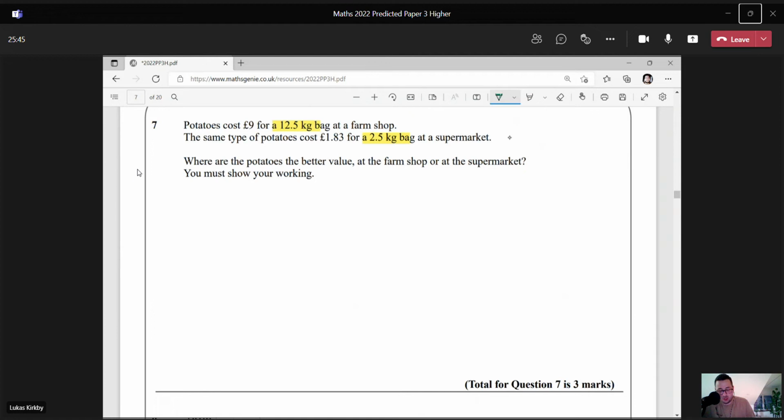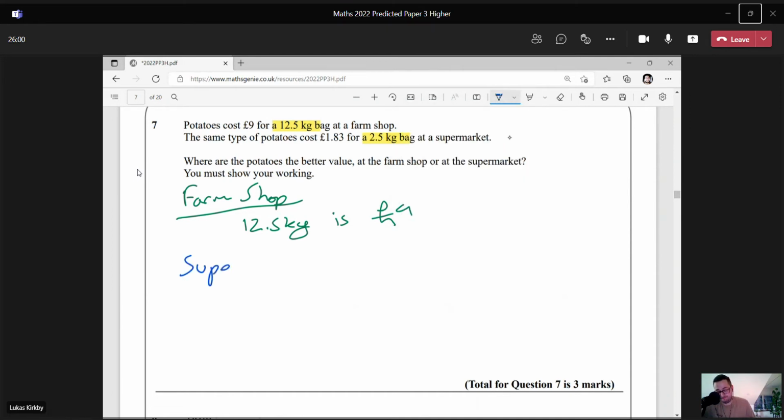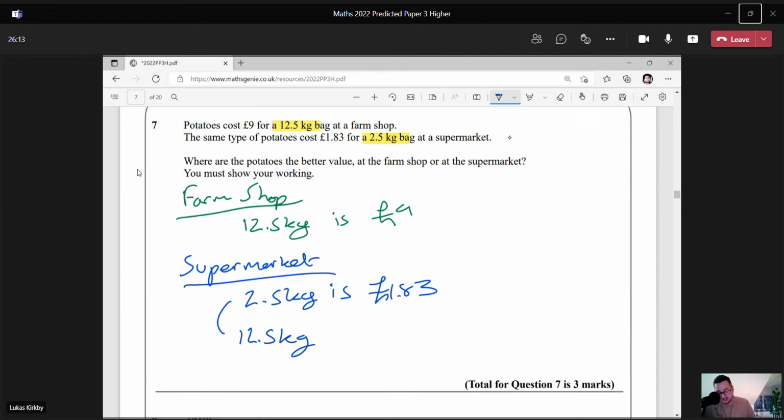So at the farm shop, 12.5 kilograms is £9, so that's fine. And then at the supermarket, 2.5 kilograms is £1.83, but we want to get to 12.5 kilograms, and we've noticed that that's times 5.